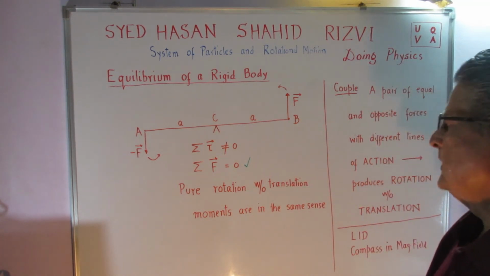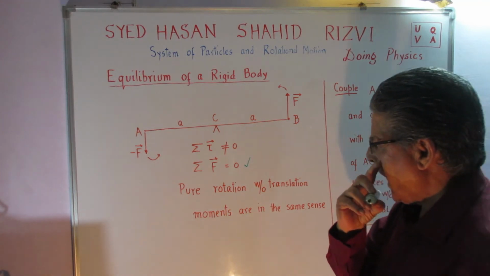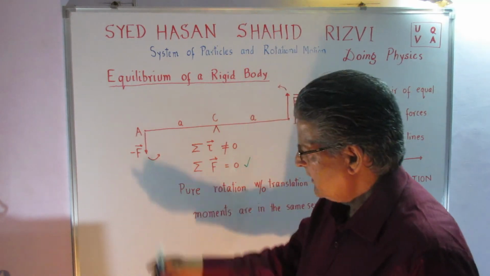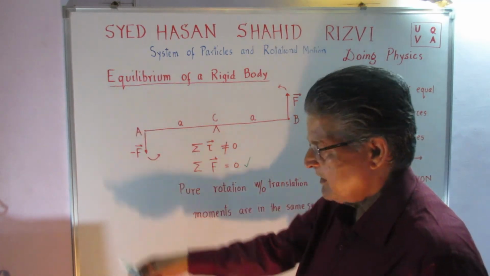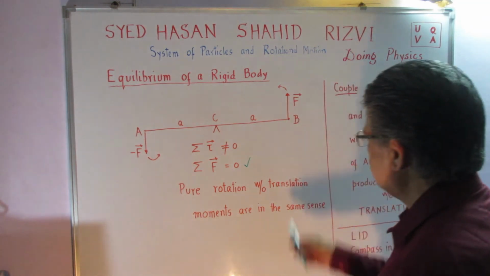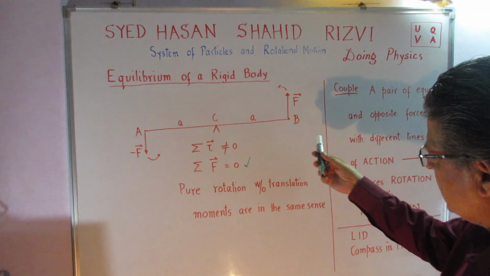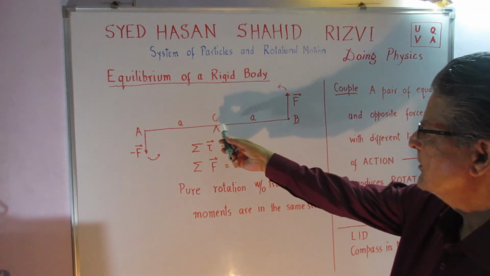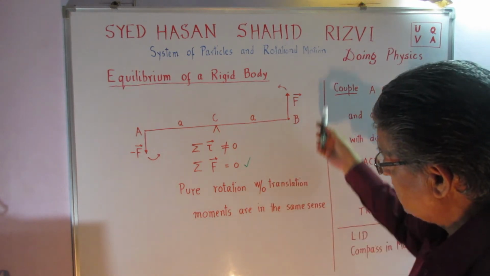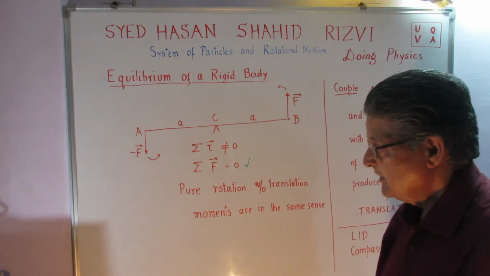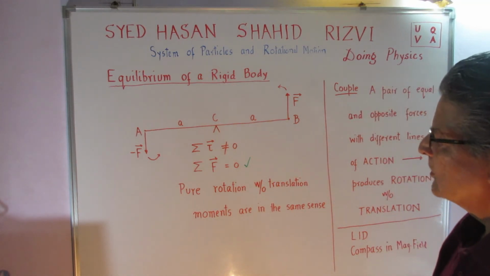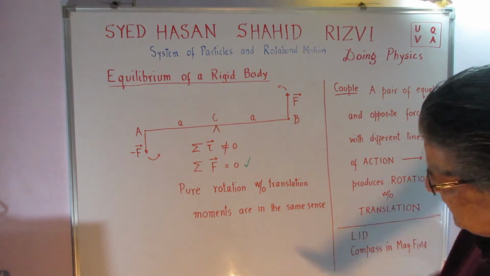But if we look at the torque, I'll find that the value of the torque is A multiplied by minus F here, and the sense is anti-clockwise. And if I look here at B, again the magnitude of the torque is A multiplied by F, and again you can see that the sense is the same, anti-clockwise.